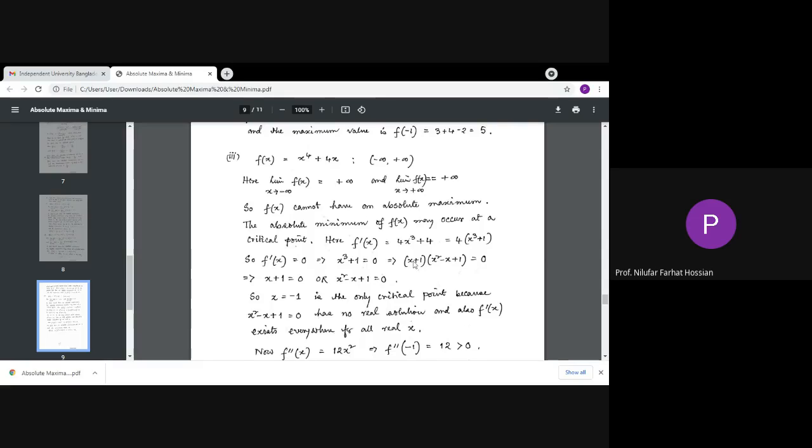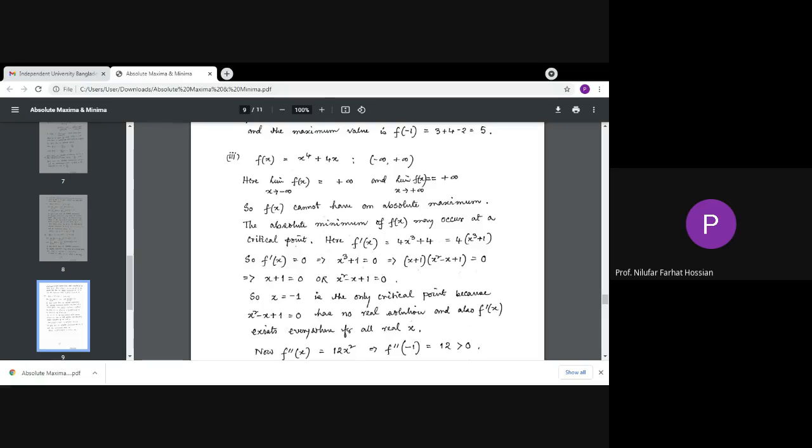When x + 1 = 0, you get x = -1. And when x^2 - x + 1 = 0, you are not getting any real point, because if you solve this equation, there will be no real roots. Both the roots will be complex. For critical points, you are not looking at imaginary or complex points. You have to look only for real points. So there is only one critical point, which is x = -1.